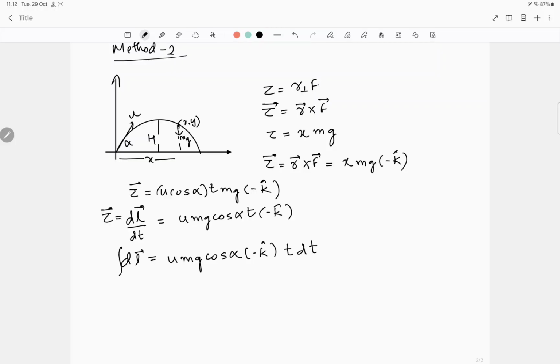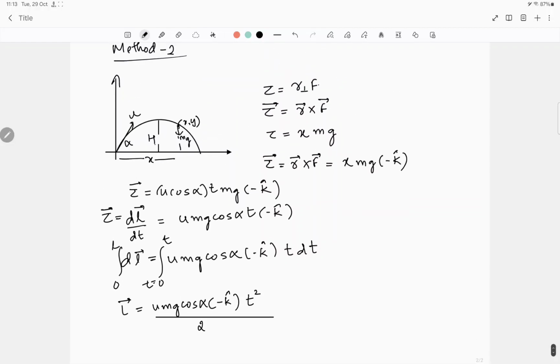Now integrate it from the limits 0 to any arbitrary L. Remember, L is the angular momentum, from time 0 to any arbitrary time t. So L is equal to u mg cos alpha into minus k cap into t square, divided by 2.